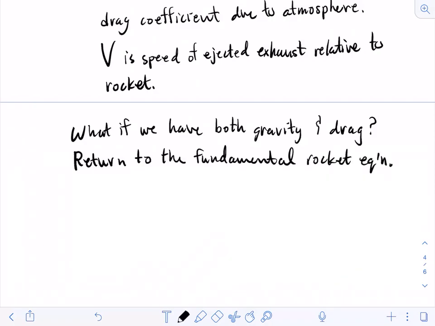That fundamental equation was the result of conservation of momentum, which said the external force on our rocket was equal to m v dot minus v m dot. We'll do the usual thing.